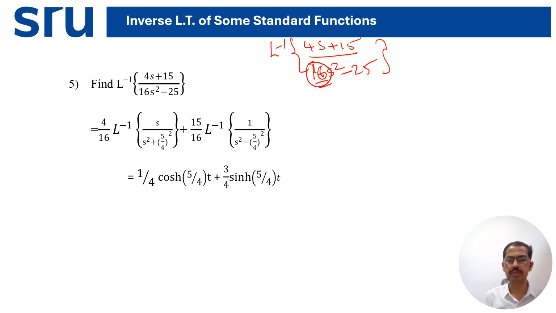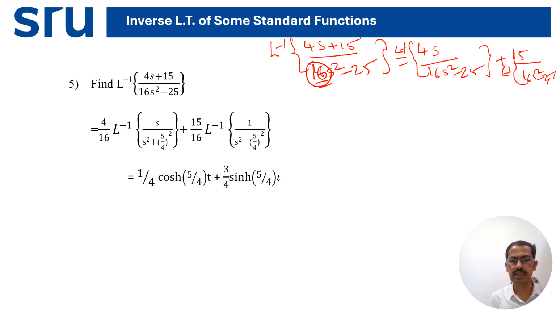First find the inverse Laplace transform of 4s by (16 s square minus 25), plus the inverse Laplace transform of 15 divided by (16 s square minus 25). Separate this fraction. Now 16 is taken out here.